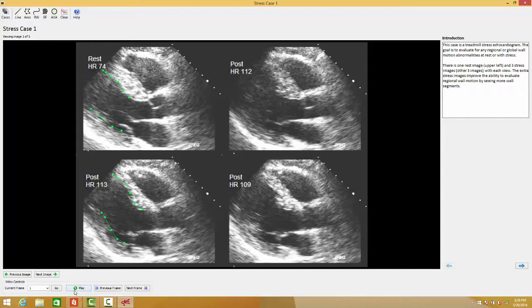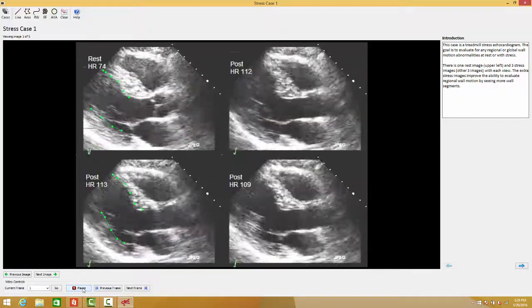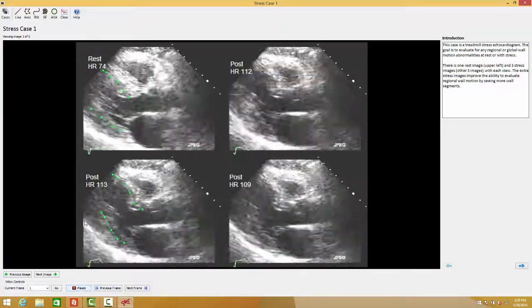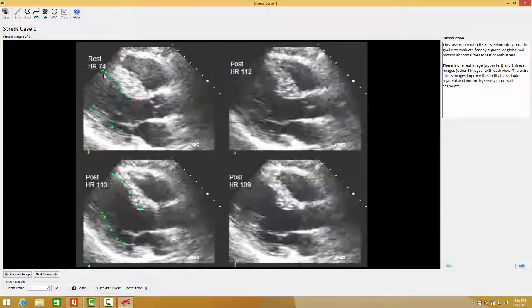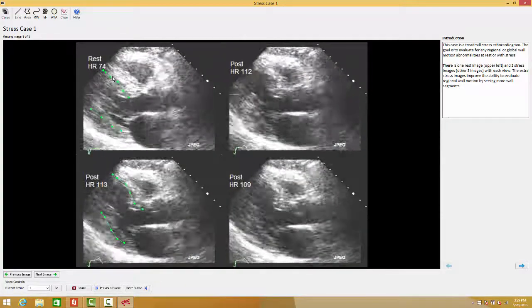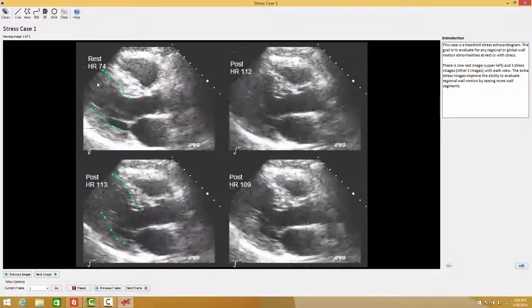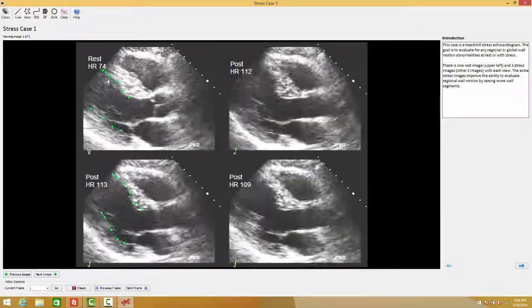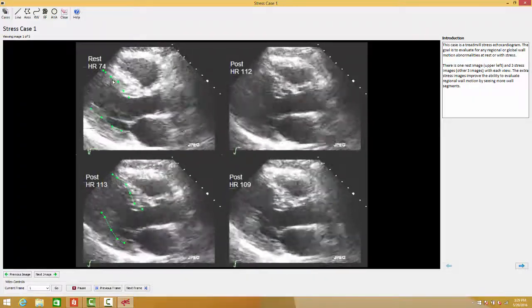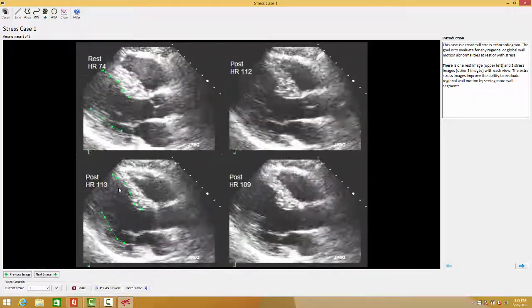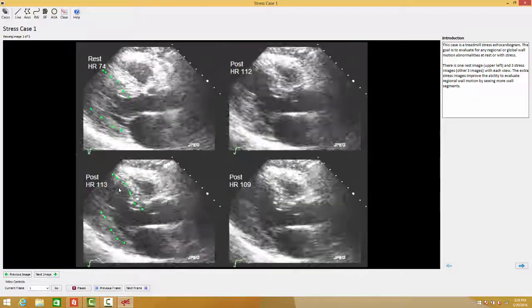And then when we hit go, play, we can immediately see that at rest, all the systolic frames exceed and move towards the cavity compared with where it started in green. But that's not the case with the post.